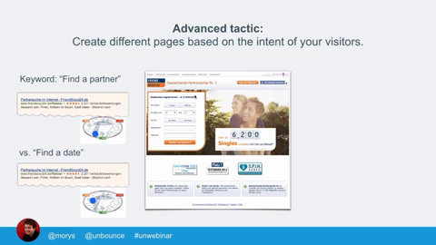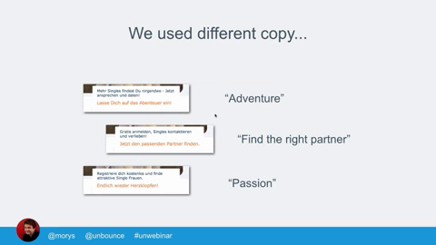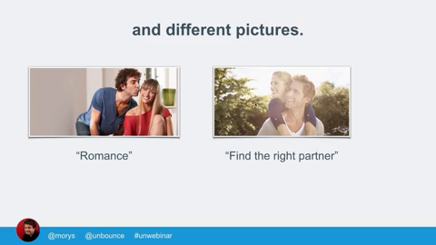And this client had a one size fits all landing page, no matter which campaign, no matter which keyword. So I think this is an error you see a lot. So what we did is we developed different types of landing pages with different copy and also with different images to fit the certain intents.